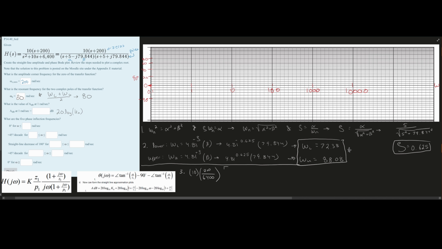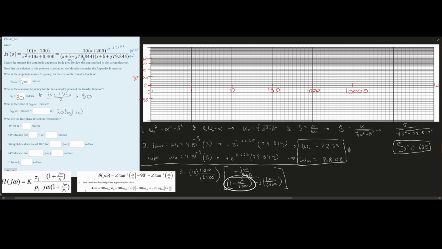And then we're going to have this be multiplied by a 1 plus our j omega over 200. So nothing much changes with the 0. And then inside of here, we have 1 minus omega squared over 6400. And then we have plus j times a 10 omega over 6400.